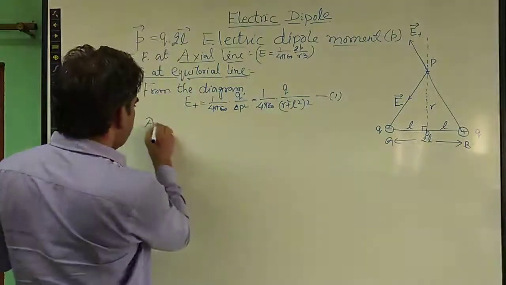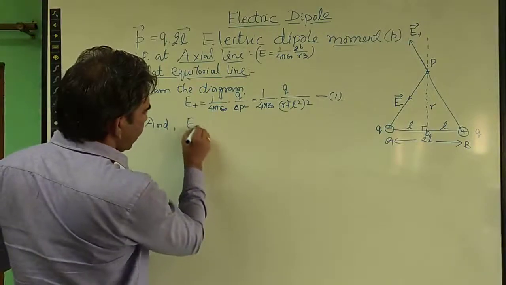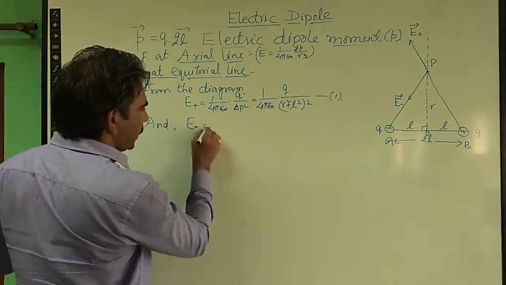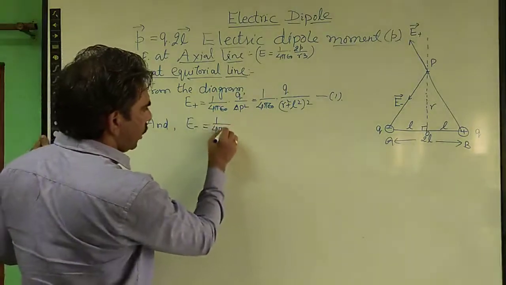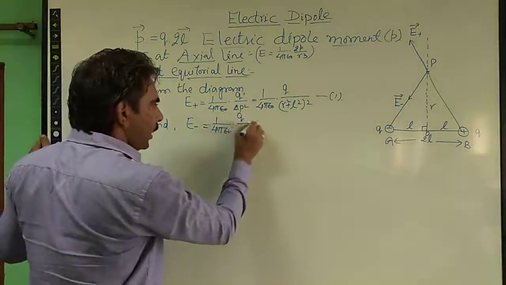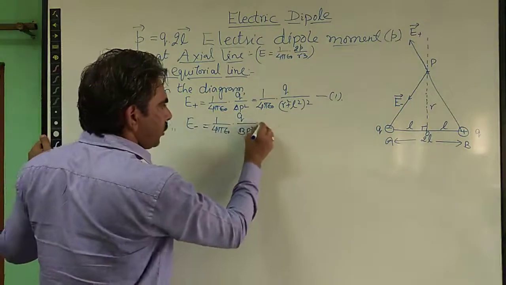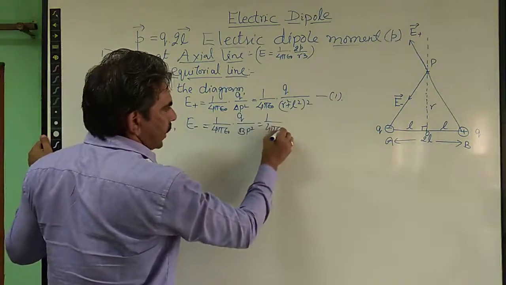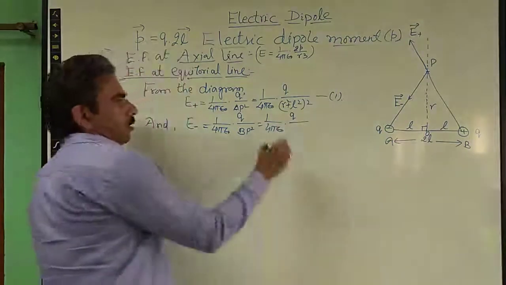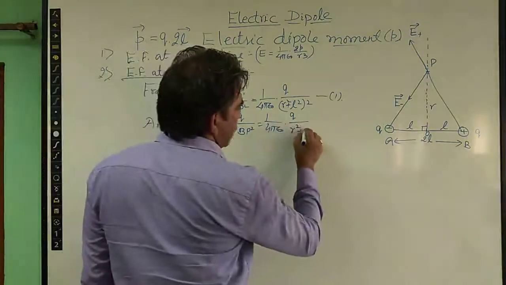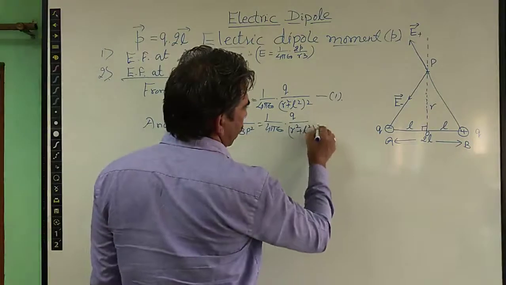And what is E negative? The electric field at point P due to negative charge. You can just write the statement here. It is 1 upon 4 pi epsilon naught charge, which is q again here, and it becomes BP square, which is equal to 1 upon 4 pi epsilon naught into q upon, which is again R square plus L square to the whole square.